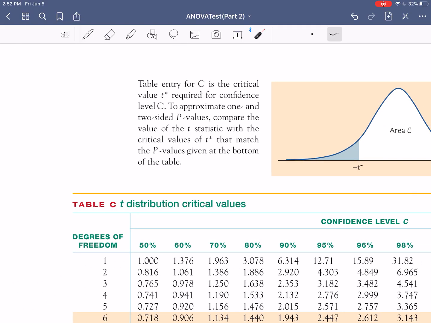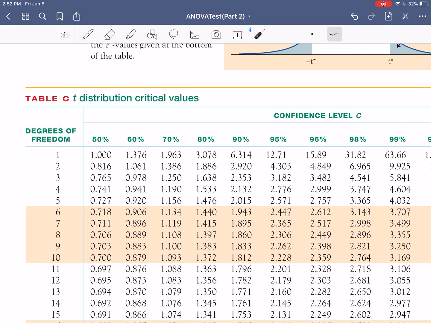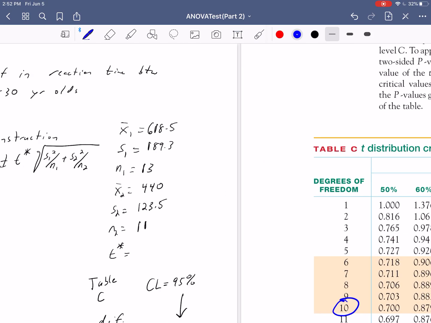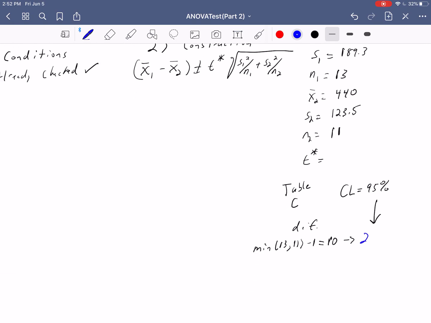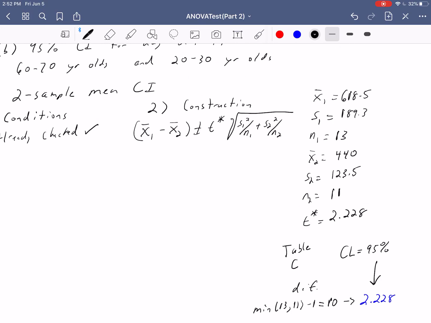Let's go take a look. If we do that there, right here, there's our 95%. There's our 10 degrees of freedom. So it looks like our T star is going to be 2.228. All right, let's throw all this stuff in here then.